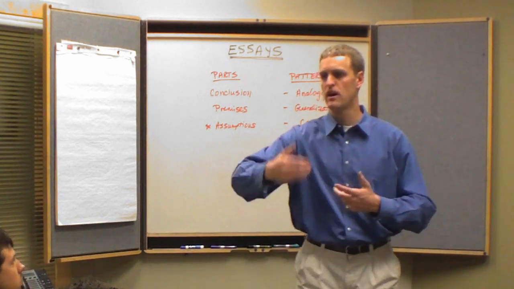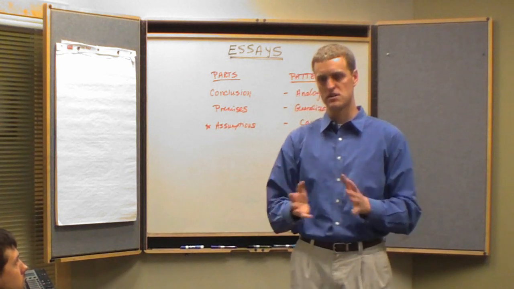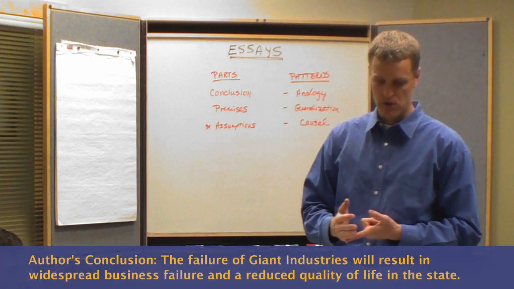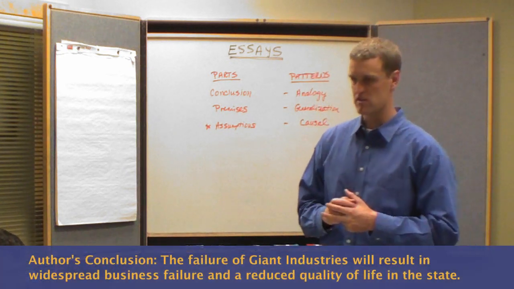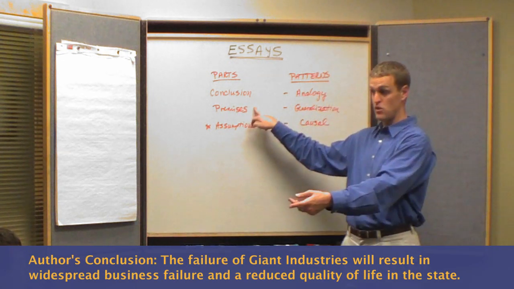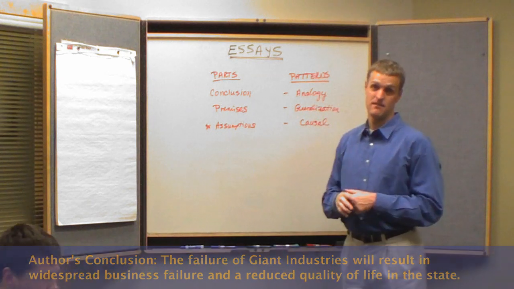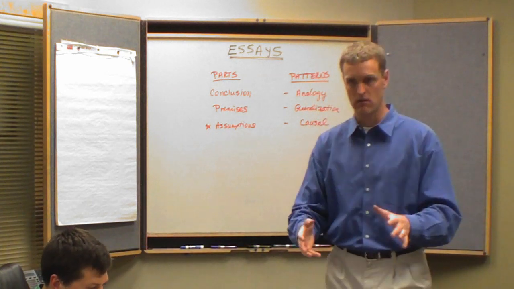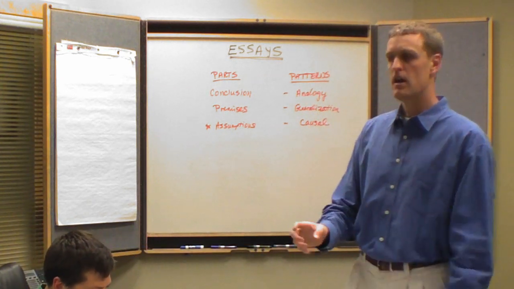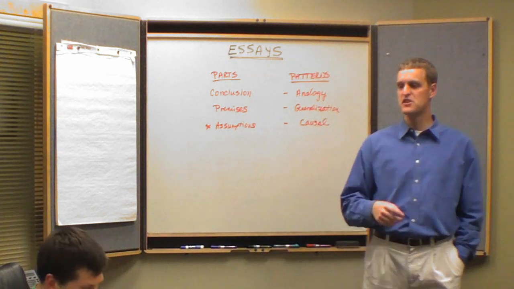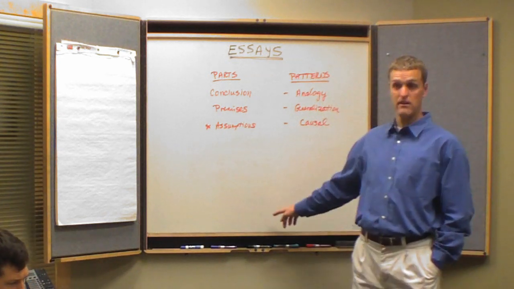Build up, build up, build up, build up, boom, the world's coming to an end. Well, specifically, there's going to be widespread business failure and a reduced quality of life in our state. That's the conclusion. That's what you wrote down as your conclusion? Yeah. Absolutely. Based on what? Well, everything else, right? All of that other stuff now supports it. But what we want to do now, what things did you note on your scratch paper that you're going to talk about in your essay?